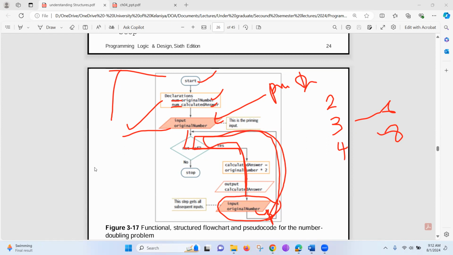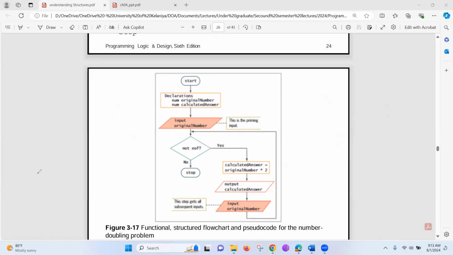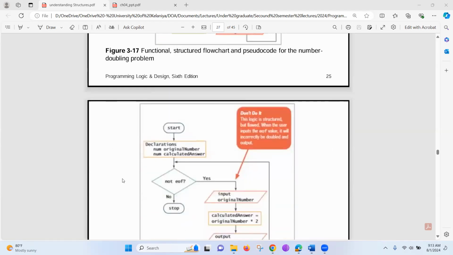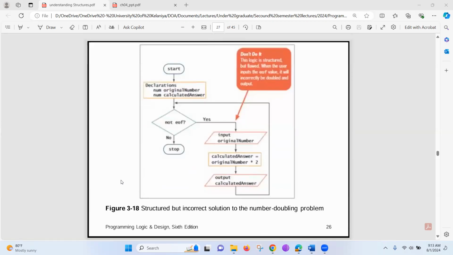Yes, it's working and it's a structured format here. Can you understand? This is the way you can use the prime input or prime reading. එතකොට පළවෙනි input කරන variable එක වැදගත් system එකේ අපේ අවසාන තීරණය කරන්න.